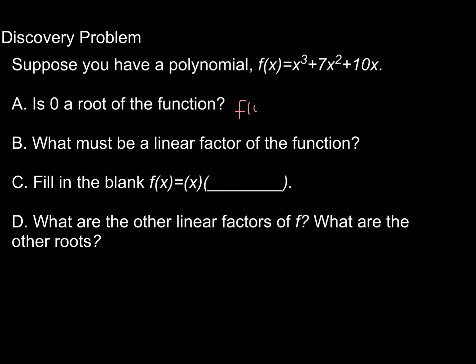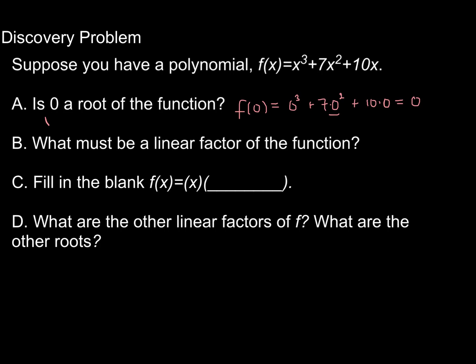So if I plug in 0 for x, I'd get 0 cubed plus 7 times 0 squared plus 10 times 0. Well, 0 cubed is 0, 0 squared is 0, so 7 times 0 squared is 0, and 10 times 0 is 0. So I have 0 plus 0 plus 0, which is 0.